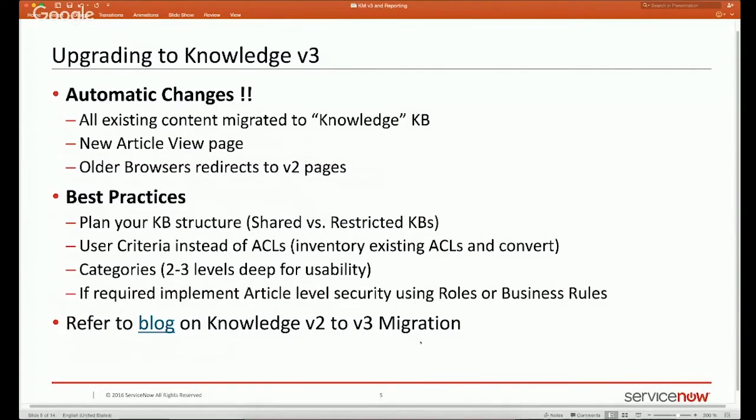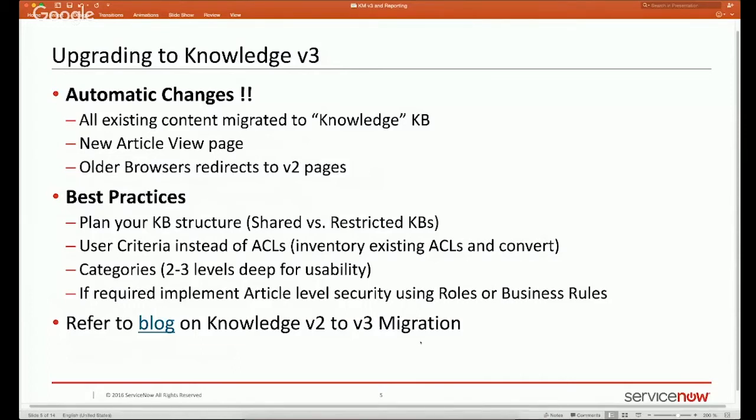But a few of the important changes that you need to know: all your legacy content that you have in a knowledge base prior to Fuji, let's say Eureka or Dublin, gets migrated to a single knowledge base called Knowledge. Remember, we are talking about multiple KBs. You do have a new article view page, and that is specifically prepared and developed for showing content from Knowledge V3 knowledge bases.